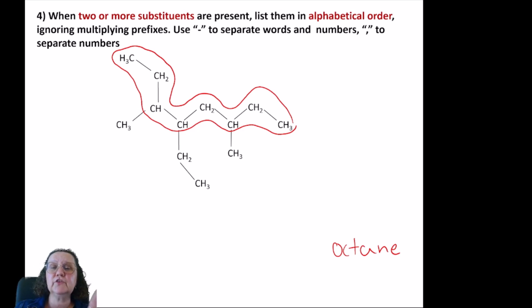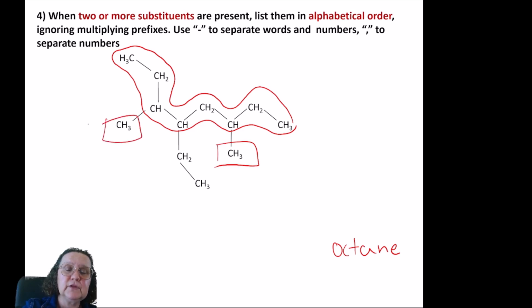So now, what does my octane have? Well, it has 3 different substituents. It has these 2 substituents, and these are methyl groups. So it's going to have 2 methyl groups, and instead of saying 2 methyl groups, you talk about dimethyl.